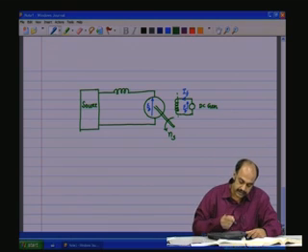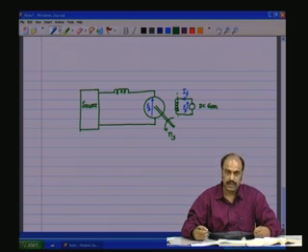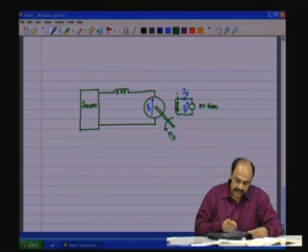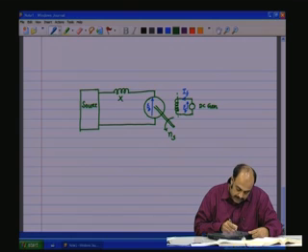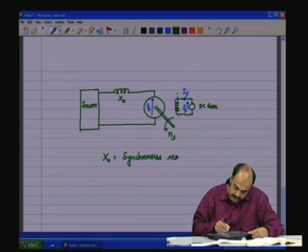However, the reactance X is so large compared to the winding resistance that we can neglect the winding resistance for the purpose of the discussion, because we want to get the concepts right. So we will call this reactance XS, and that is called the synchronous reactance.